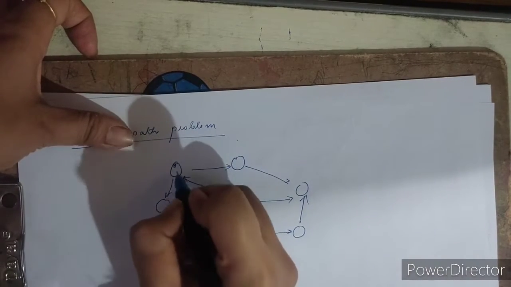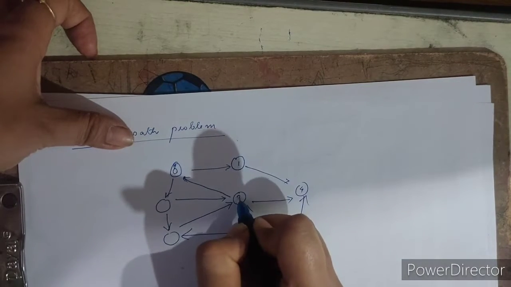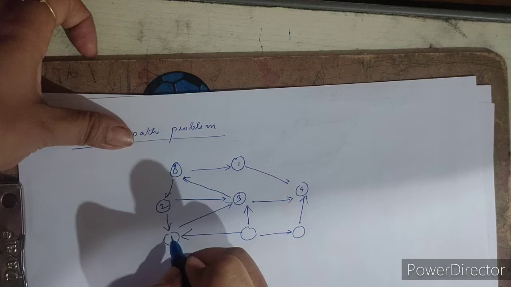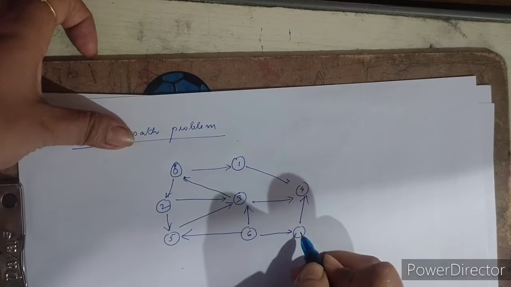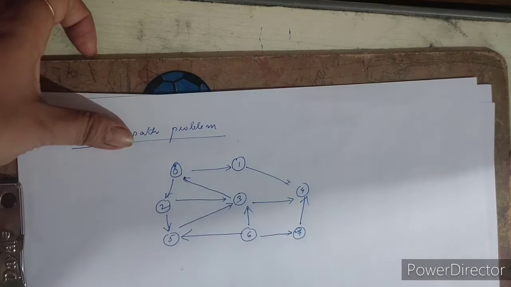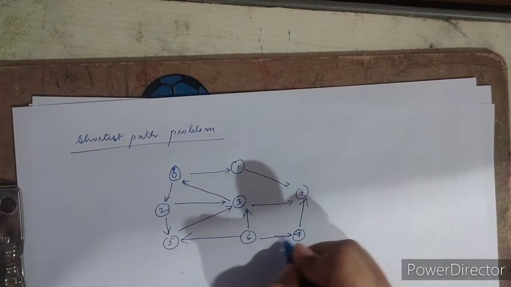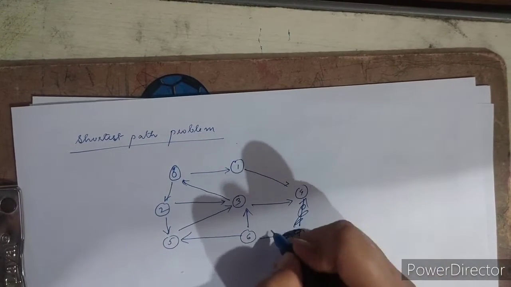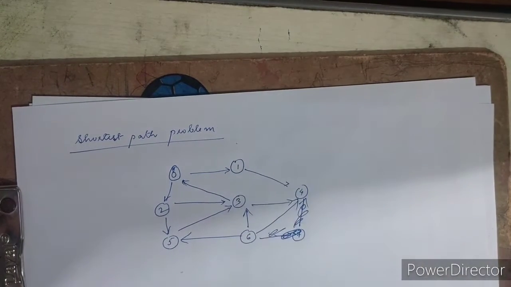The vertices are 0, 1, 4, 3, 2, 5, 6, and this one is 7. Okay, no problem. You can see this is some extra only, then join this. All right, this is the graph. So let me take this as a directed graph.